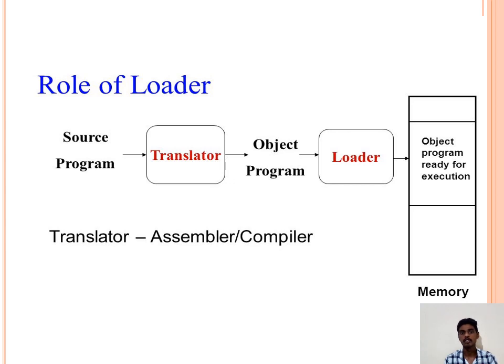This is the role of the loader in the program. The translator might be a compiler or an assembler, which translates the source program into the object program with the help of loaders.